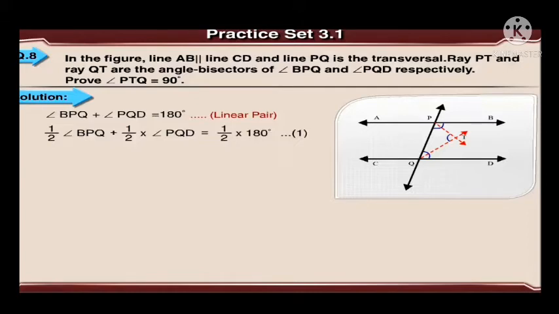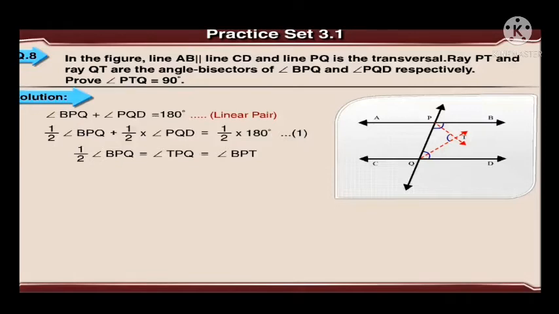It is given that ray PT is the angle bisector of angle BPQ, that is, half into angle BPQ is equal to angle TPQ is equal to angle BPT. Also, ray QT is the angle bisector of angle PQD.